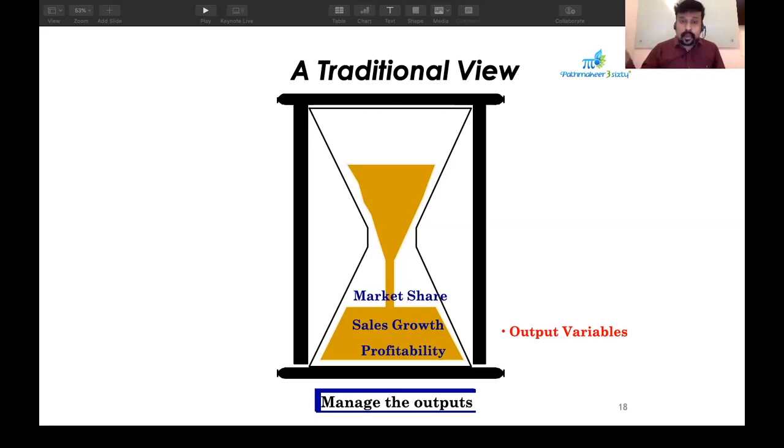Let's take a similar example: your organization is making laptops, and the total number of laptops sold in India by all the companies is 1,000, and you're selling close to 100. So your market share is 100 out of 1,000, that is 10%. Market share is generally represented as a percentage.